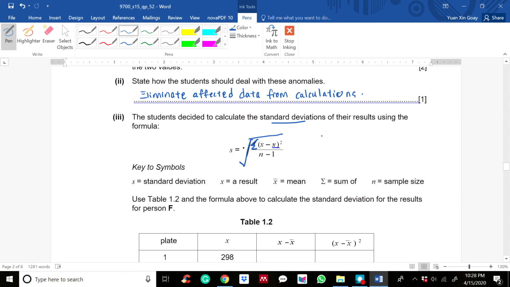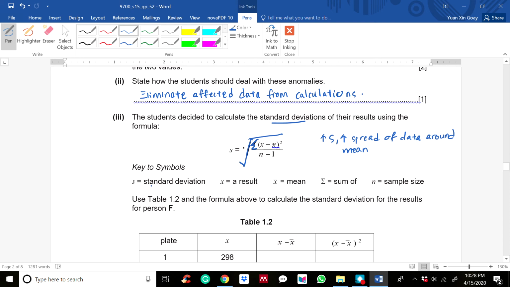If you have higher standard deviations, meaning you have higher spread of data around the mean. Also means the sample mean is less reliable.